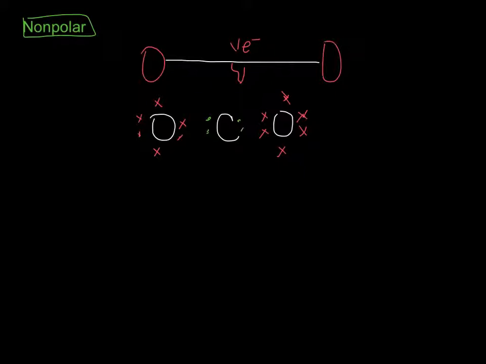So what you're going to see happen is that carbon is going to share 2 of its electrons with this oxygen, and oxygen is going to share 2 with carbon. And on this side, carbon is going to share 2, and oxygen is going to share 2. So you actually have 2 double bonds, one on each side, and a double bond is written with 2 lines.